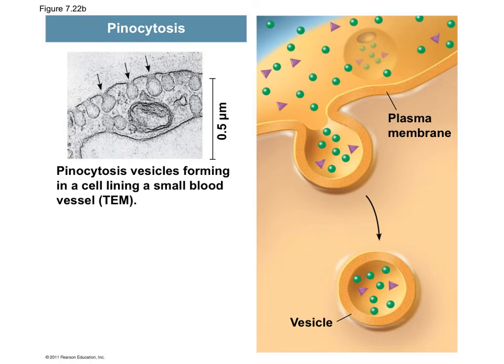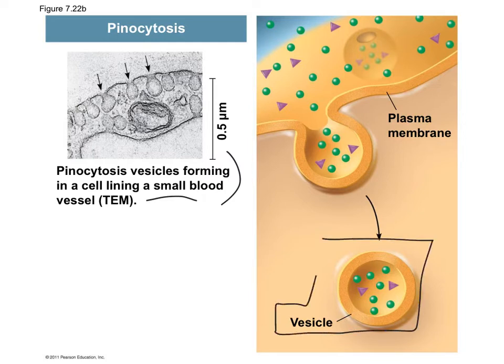This is just a description of pinocytosis. You can see this happening in the small blood vessels when you're trying to move a lot of water in and out quickly. What is created is a vesicle. We're going to talk about this a little bit in another video.